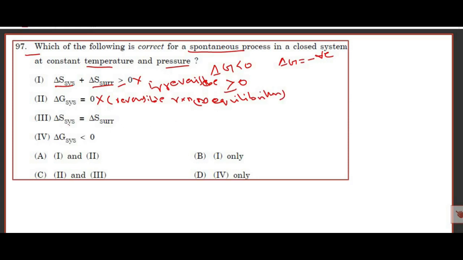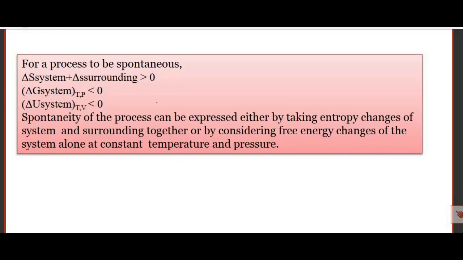Delta S system equal to delta S surrounding is also wrong. Delta G system is less than 0 is correct. Hence, option given 4 only is correct. Hence, option D is the correct answer. Listen here, for a process to be spontaneous, delta S system and surrounding greater than 0, delta G should be less than 0, delta E should be less than 0.